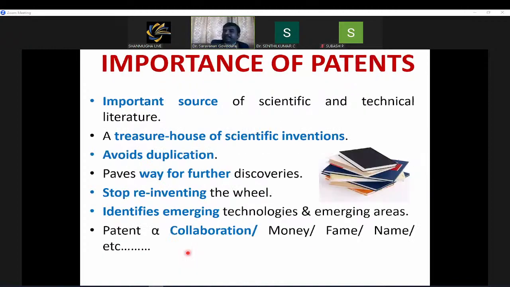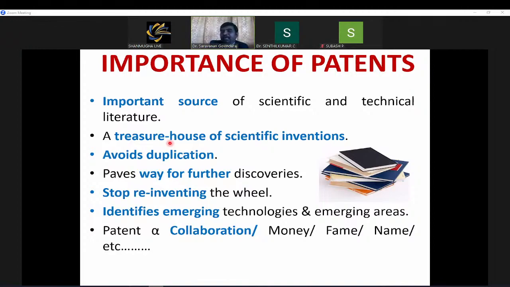And patents are a very important source of scientific and technical literature. It is a treasure house of scientific inventions. There only, new technologies, new methods, new processes, all those things we can get.